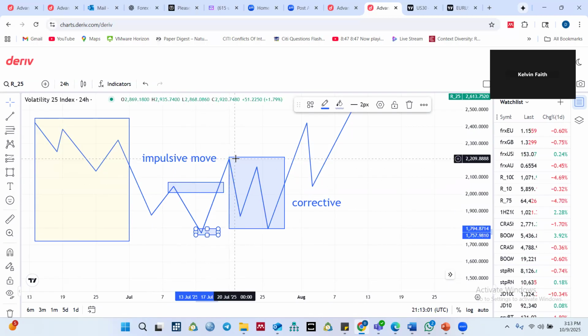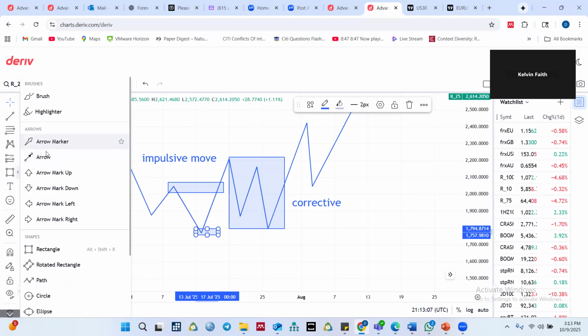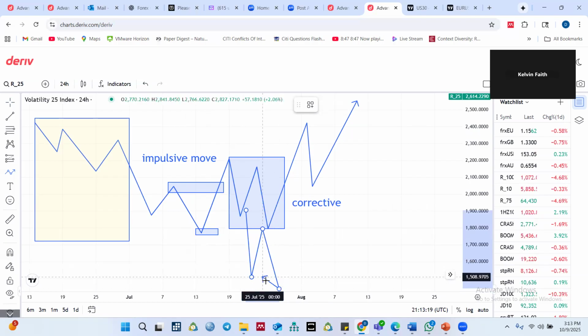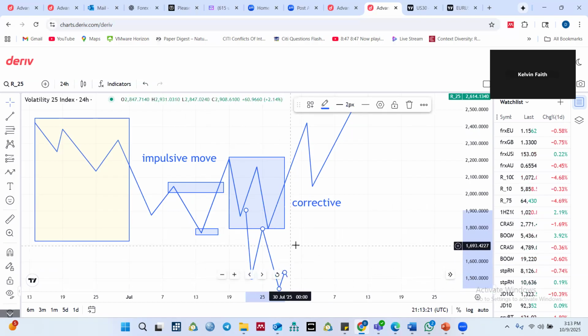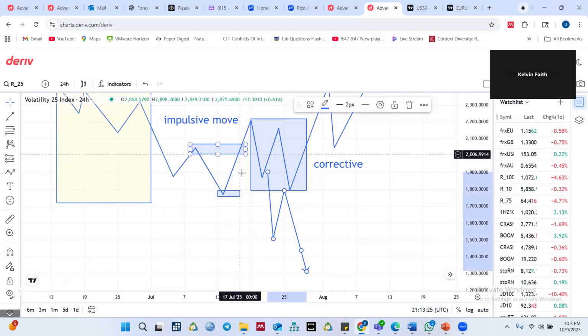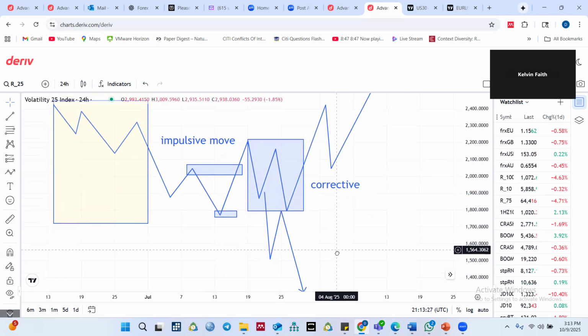If the corrective drop were to take this low out, let's say price dropped and took this low out, what would we have called that? Then it means that we are not making intentions of going bullish. We are continuing the downtrend.